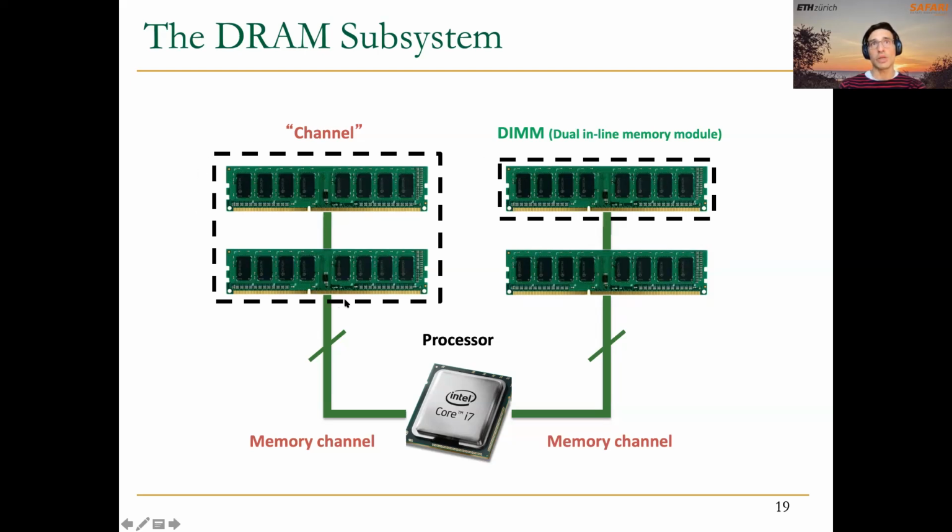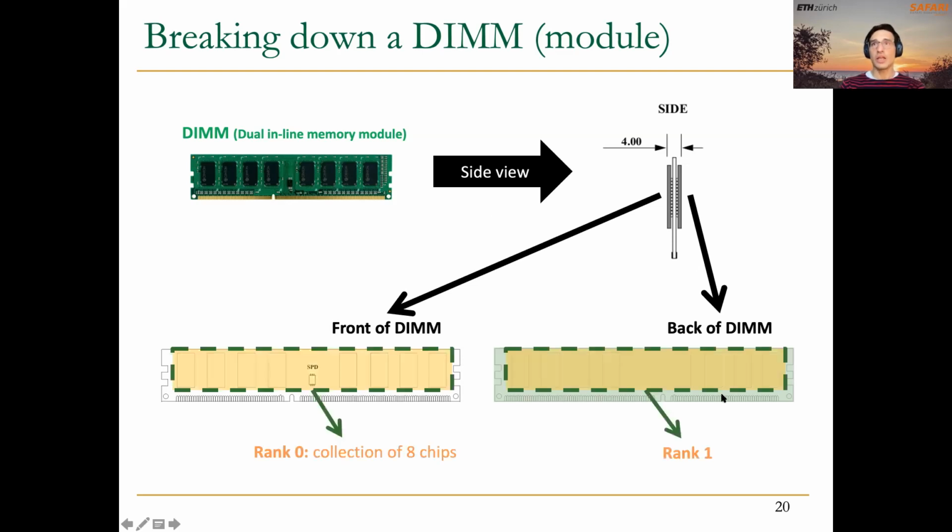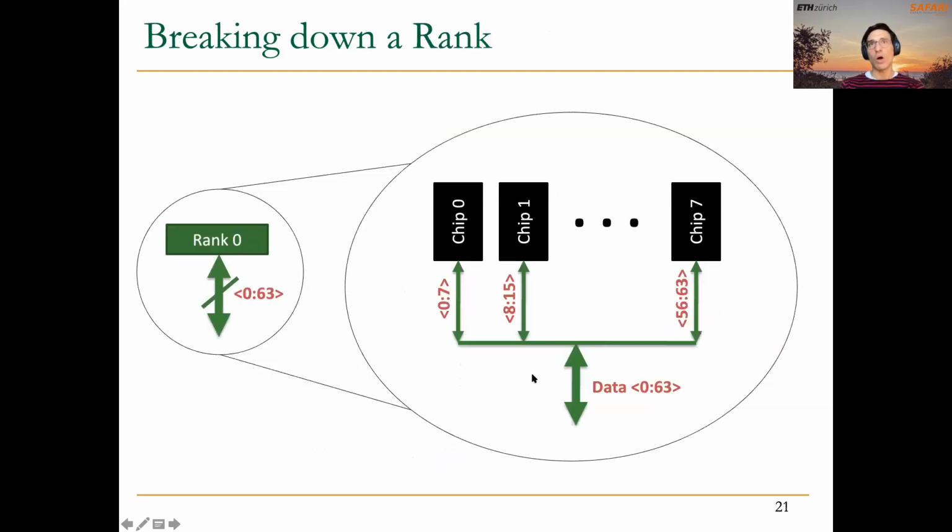As you can see in this slide, we have 2 DIMMs per memory channel. If we go closer to the DIMM, this dual inline memory module, we see that it has 2 sides. On these 2 sides, we normally have a few chips. Each of these sides corresponds to what we call a rank. In this specific example, rank 0 is a collection of 8 chips, same as rank 1.